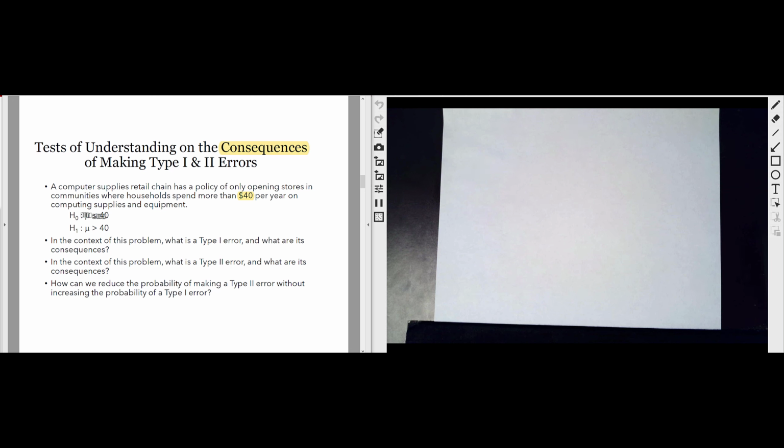All right, and so we're going to assume the null hypothesis, which is that the community does not spend more than $40 per year. So our null hypothesis is that the true mean for a given community is less than or equal to 40, and our alternative hypothesis is going to be that the sales is greater than $40 per year.